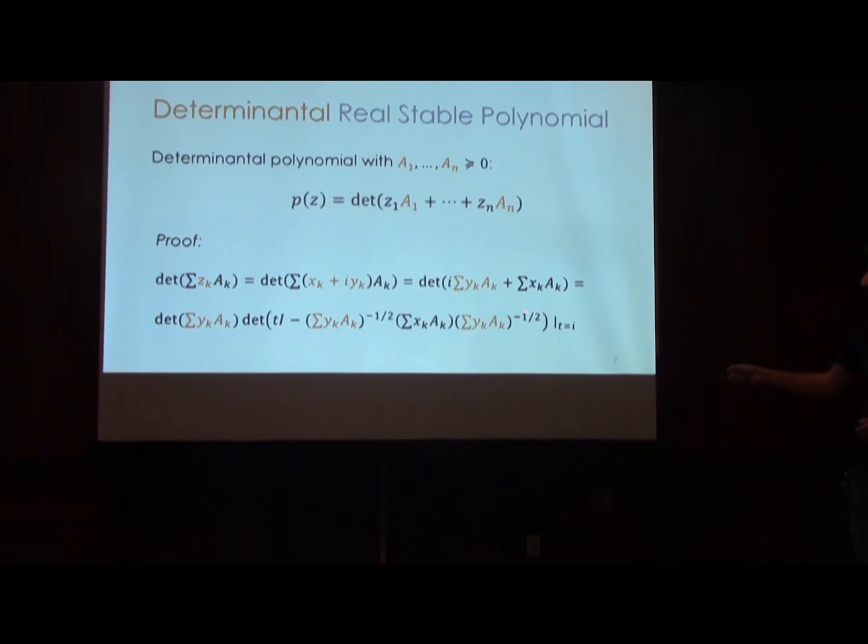Now I'm going to take it out of the determinant by multiplying its inverse square root from both sides. Then what remains is the characteristic polynomial of a symmetric matrix evaluated at I, which is the square root of negative 1. But I know that the characteristic polynomial has real roots, so it cannot be 0 at I.